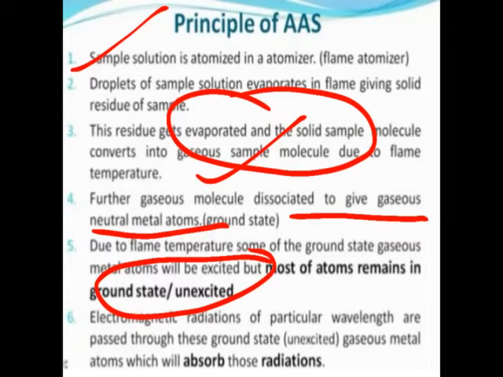So when electromagnetic radiation of a particular wavelength falls on these unexcited or ground state elements, they will absorb these radiations, and if we measure that, that is the principle of atomic absorption spectroscopy.